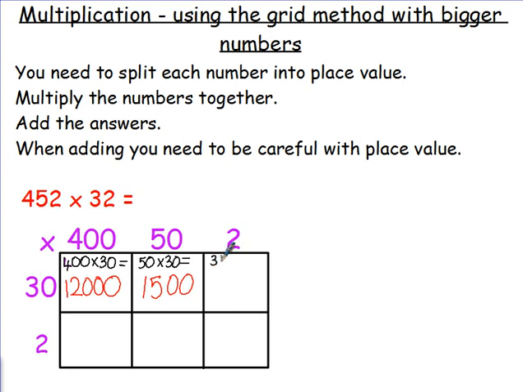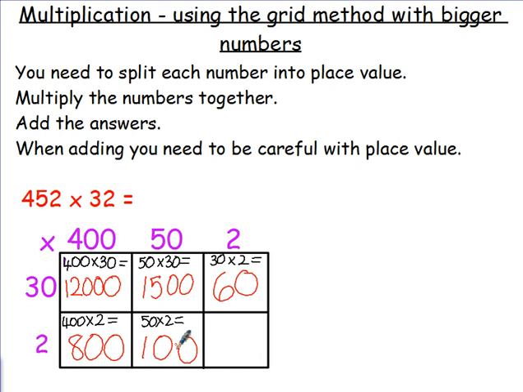Then doing 30 times 2, and my answer to that is 60. Look at the bottom now. 400 times 2 is 800. 50 times 2 is 100. And 2 times 2 is 4.